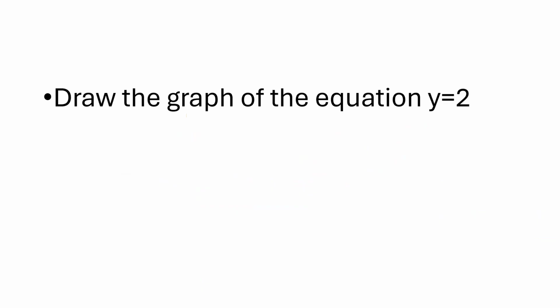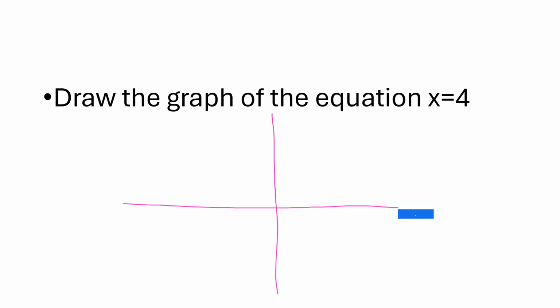Let's keep going. What about when you're trying to draw the graph of the equation x equals 4? So for x equals 4, again, you look at y equals mx plus b. Now, it's like you don't have a y.